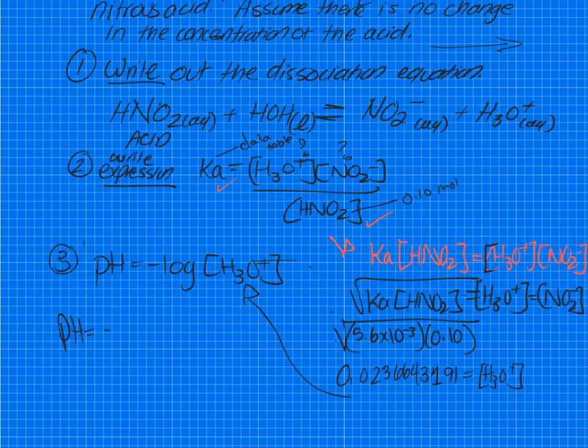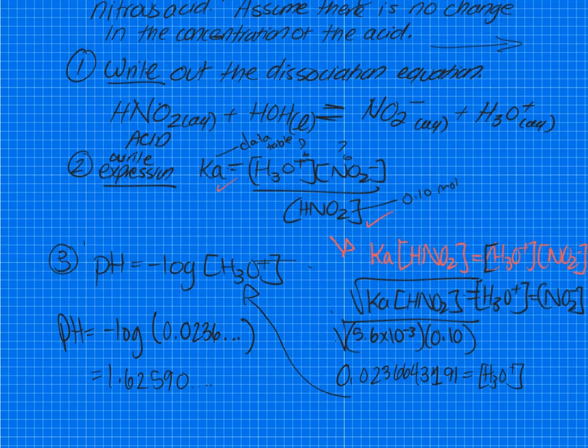So I'm going to do the pH as the negative log of, and I'm just going to write 0.0236, and I'm going to write dot dot dot to represent the rest of that. So now I'm going to do the negative log of that number. Okay, so now my calculator says this, dot dot dot, goes on.